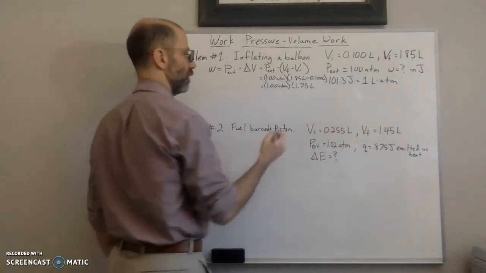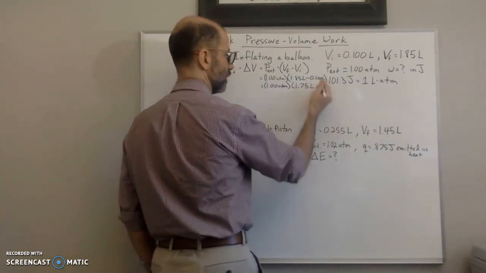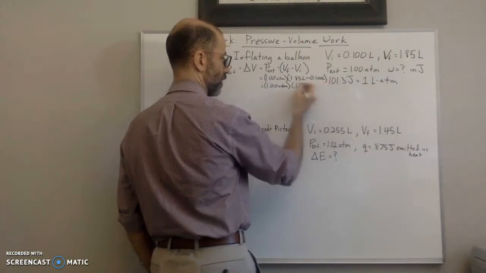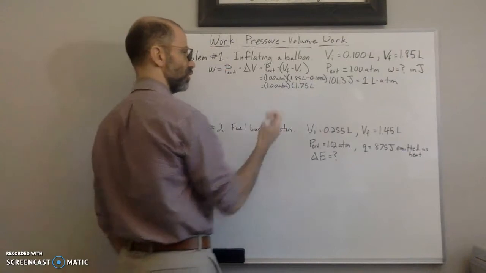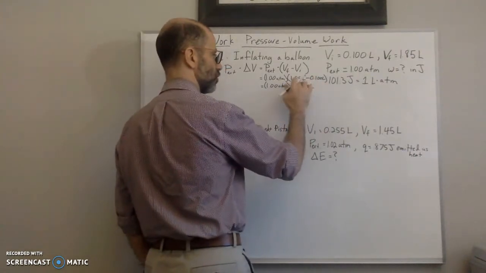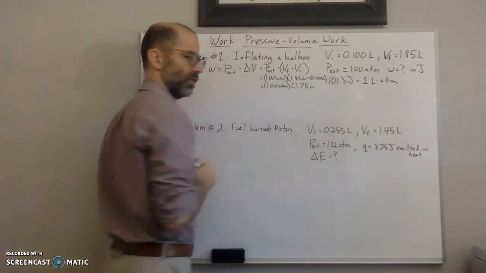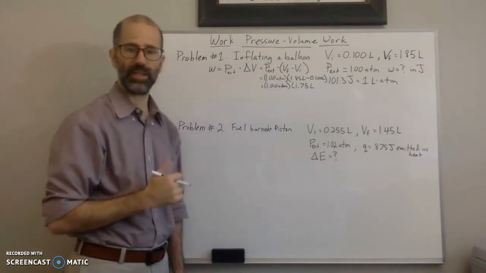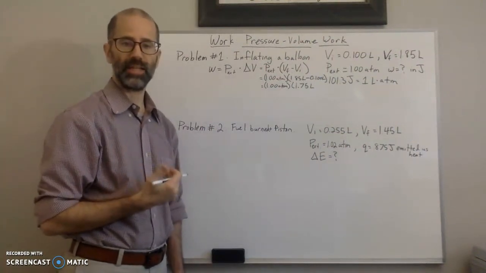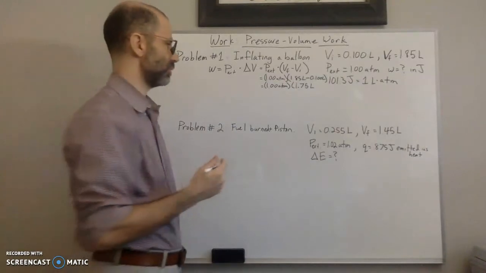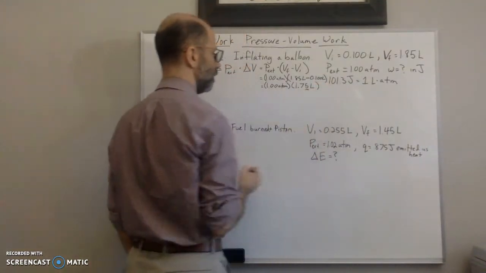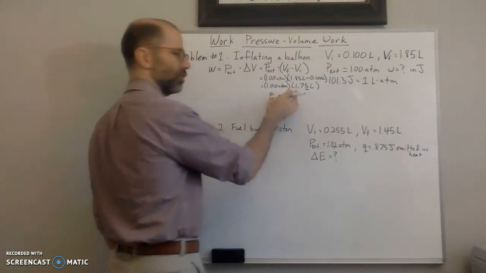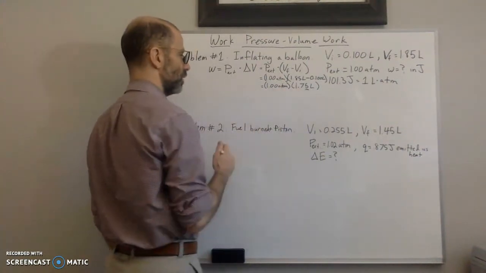Notice that I went from three decimal places and then two. The answer should be in two decimal places because the least number is two, because I am subtracting. Remember, because you're subtracting or adding, you're looking at the least number of decimal places. And now I multiply these together.